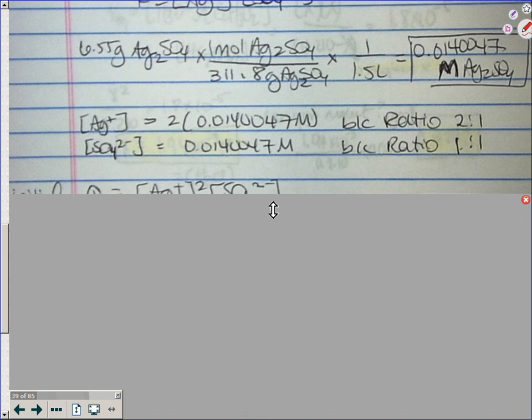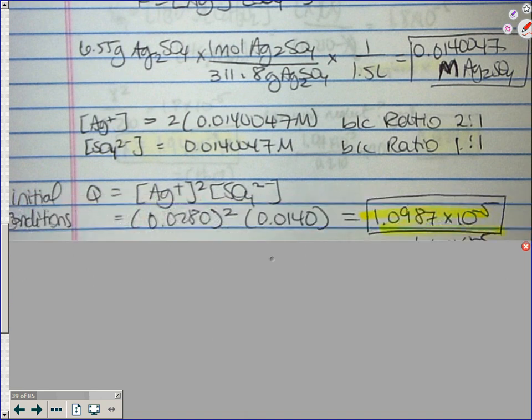So then you'll plug those concentration values into your Q, because it's basically saying, like, here's what I have in solution. Am I at equilibrium, yea or nay? So when you plug those values in, you get 1.1 times 10 to the negative fifth. So how does that compare to the K value they gave you?